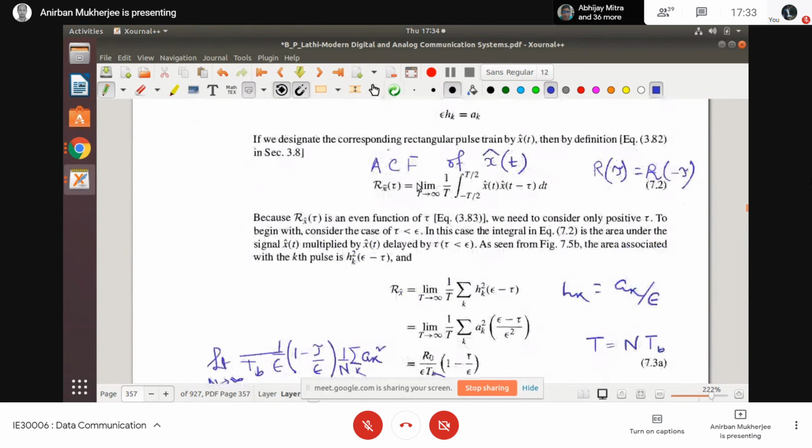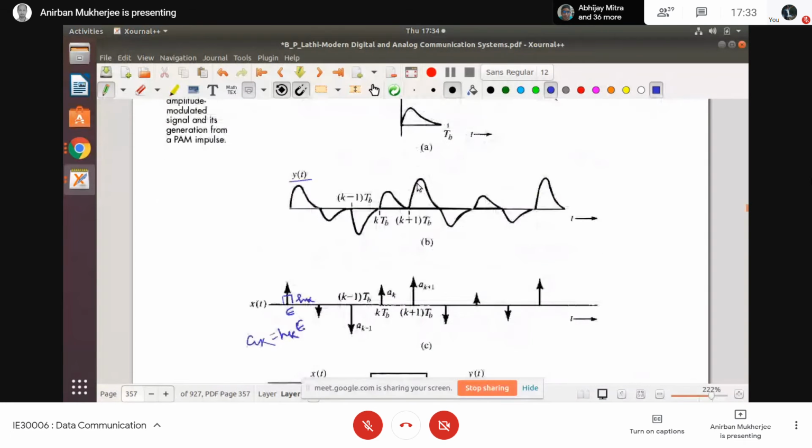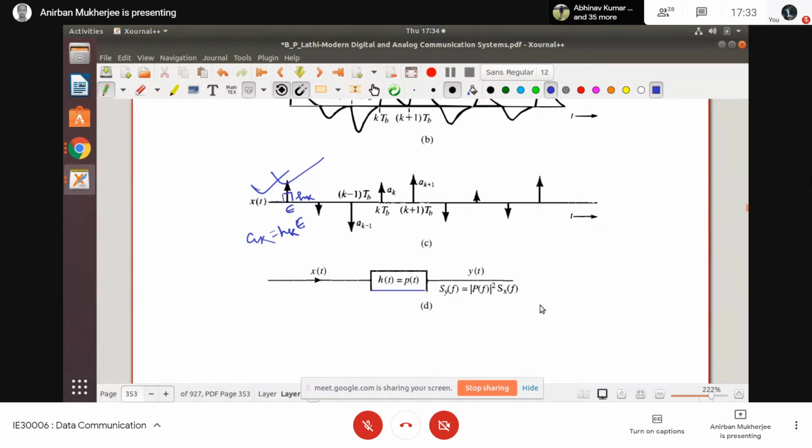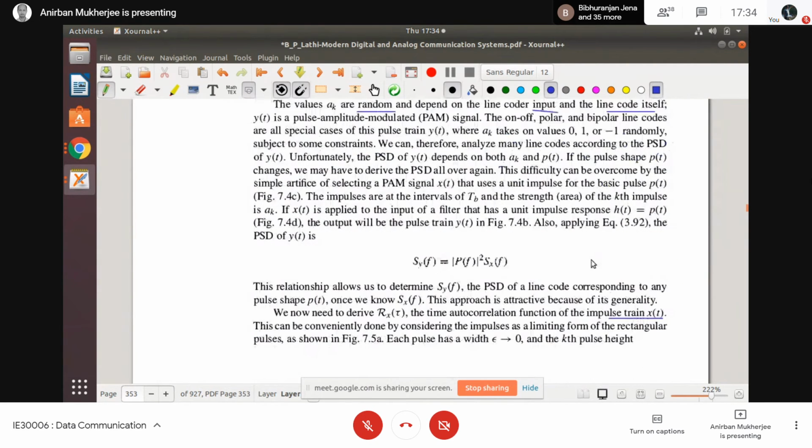What is my input signal? If you remember, this was my input signal, and I am calculating its autocorrelation. Why am I calculating autocorrelation? Because finally I have to calculate the power spectral density, and the power spectral density is the Fourier transform of the autocorrelation function. So I have got the autocorrelation function.